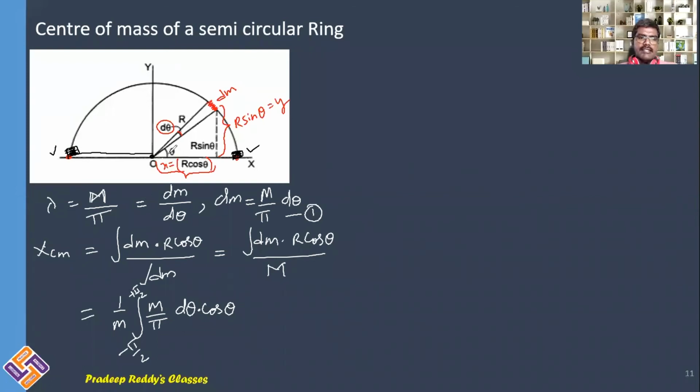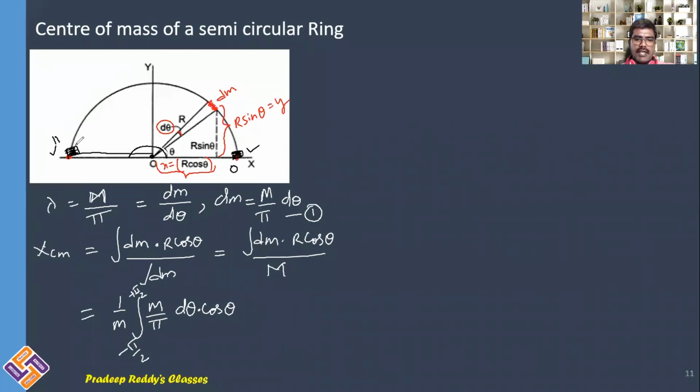Now this angle theta, if the mass is taken as dm here, then the limits, I'm sorry, this total angle with respect to the x-axis is 0 to pi.